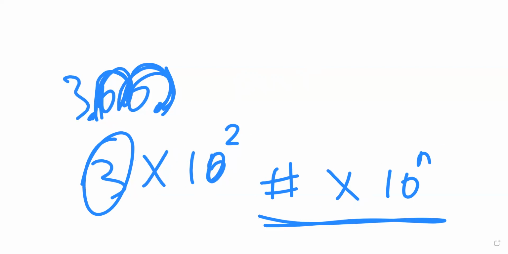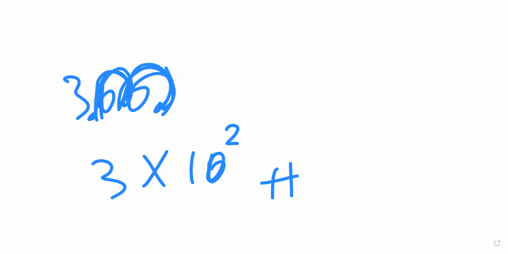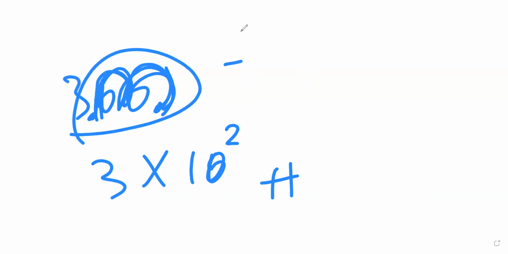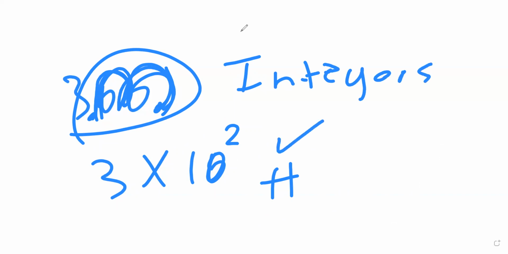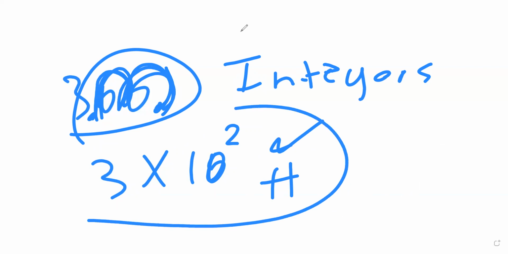We could even prove if this makes sense. Now remember, this number that we have right here is an integer. So all we're doing is converting integers into standard form. We can do the reverse of that by converting standard form into an integer.